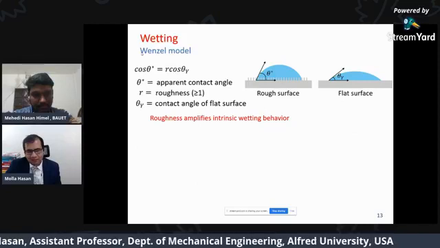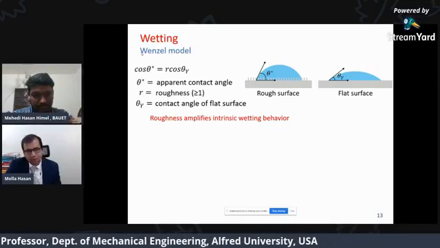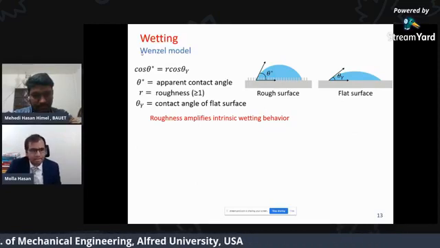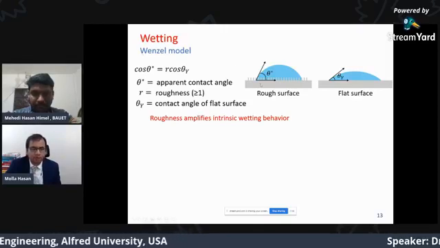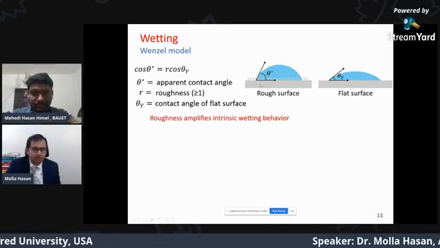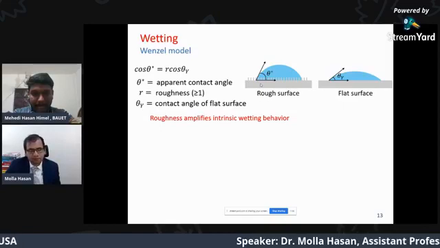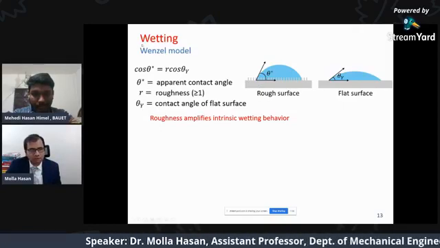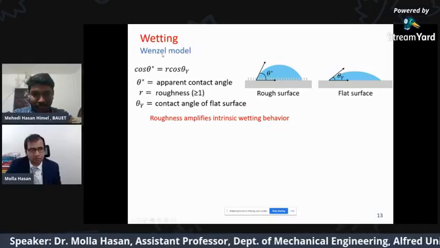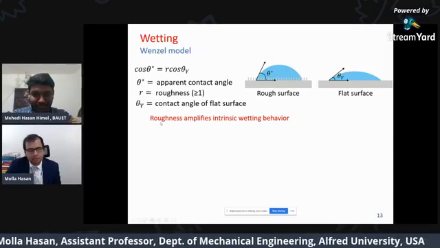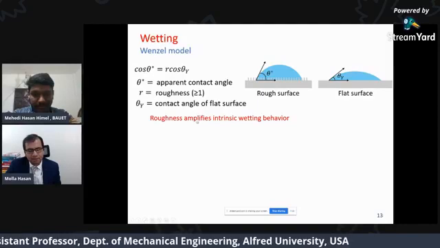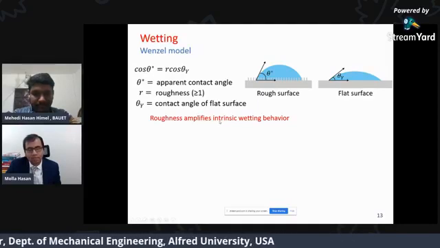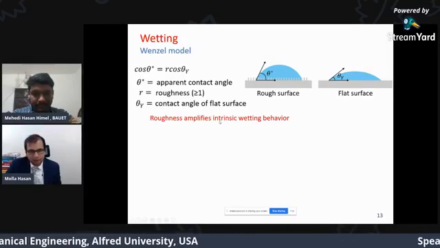Now, surface roughness also has a role in wetting. To characterize the role of surface roughness, several models have been introduced. One of the famous models, the first model, is the Wenzel model. The Wenzel model says that roughness amplifies intrinsic wetting behavior. Let me explain this.